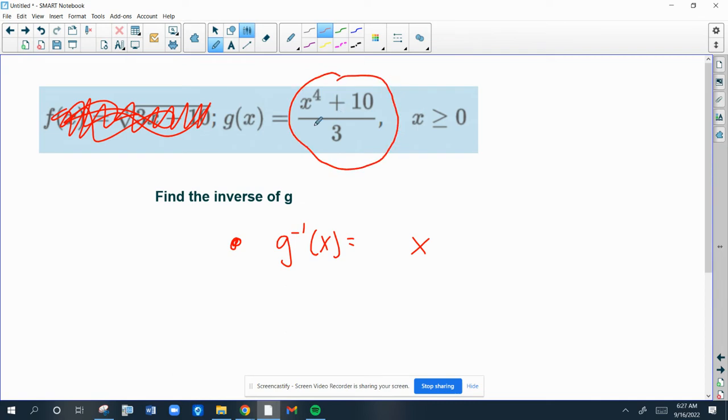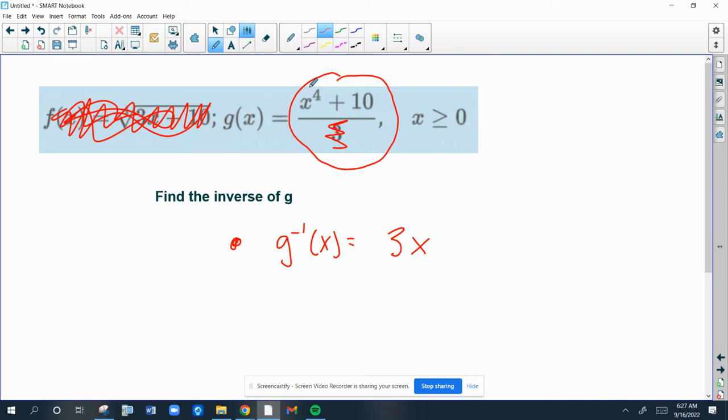And undo everything. So the first thing you're going to have to do is undo the division. You're going to have to get rid of this 3 by multiplying it, because multiplication is the inverse of division. So you just multiply by 3.